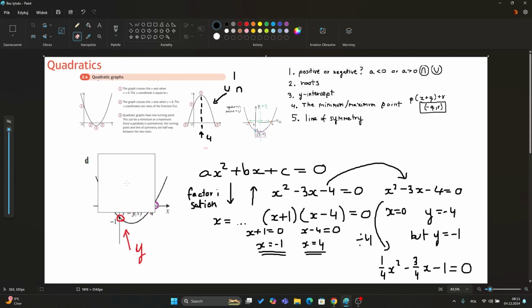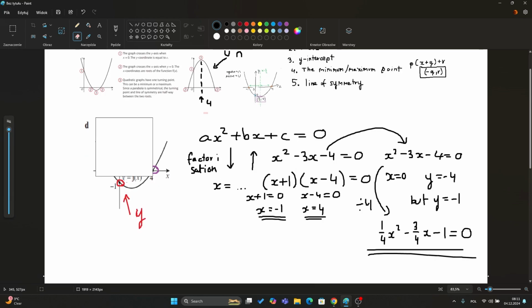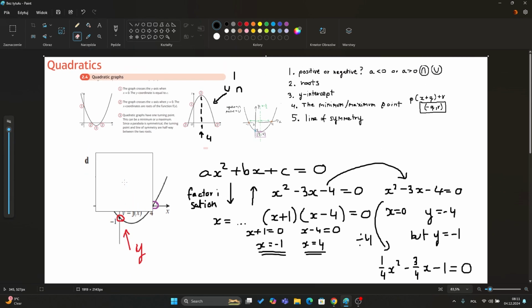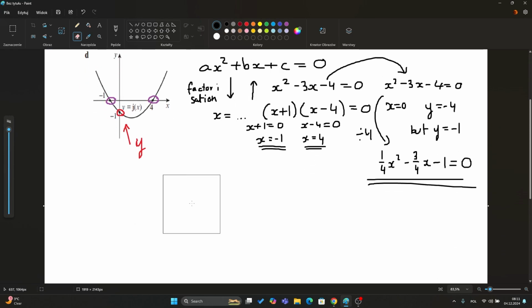So I hope that you can do exercise 2f now. Basically, a quick reminder is that the minimum point or maximum point, depending on which way the graph is facing. So here, if the graph is like this, then we have the maximum point.